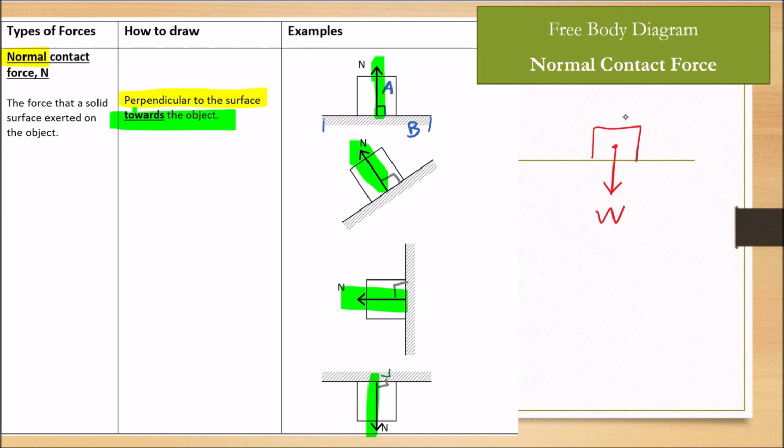Oops, sorry, it's not coming up. Wait a minute. Yep. So leave a little gap, and that's your normal contact force. Okay, so you can see distinctly the two. Because when you draw this right in the middle, then they kind of form one straight line, and then it's hard for me to see where you actually start drawing, because I need to know that you actually draw from the surface, and it should be 90 degrees.